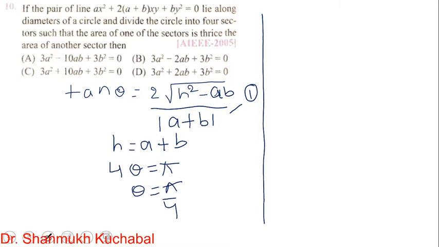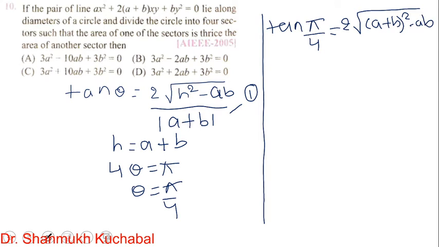Now equation 1 will become tan pi by 4 equal to 2 under the square root of, h is a plus b, so it is a plus b whole square minus ab as it is, whole divided by a plus b.